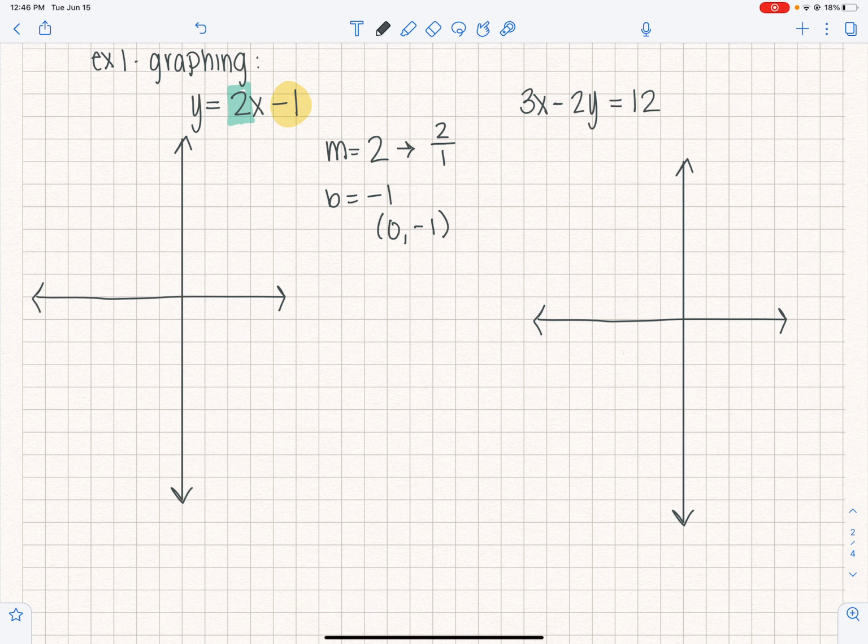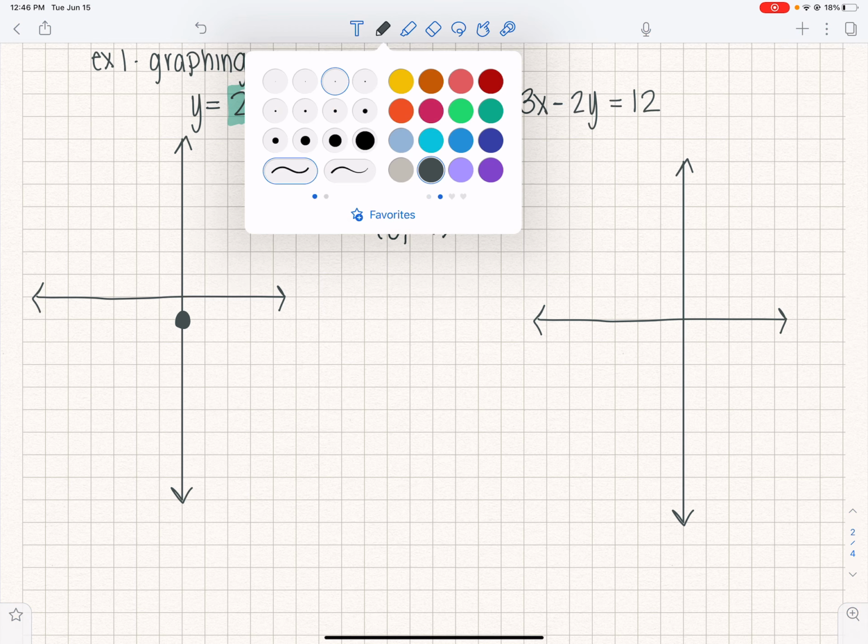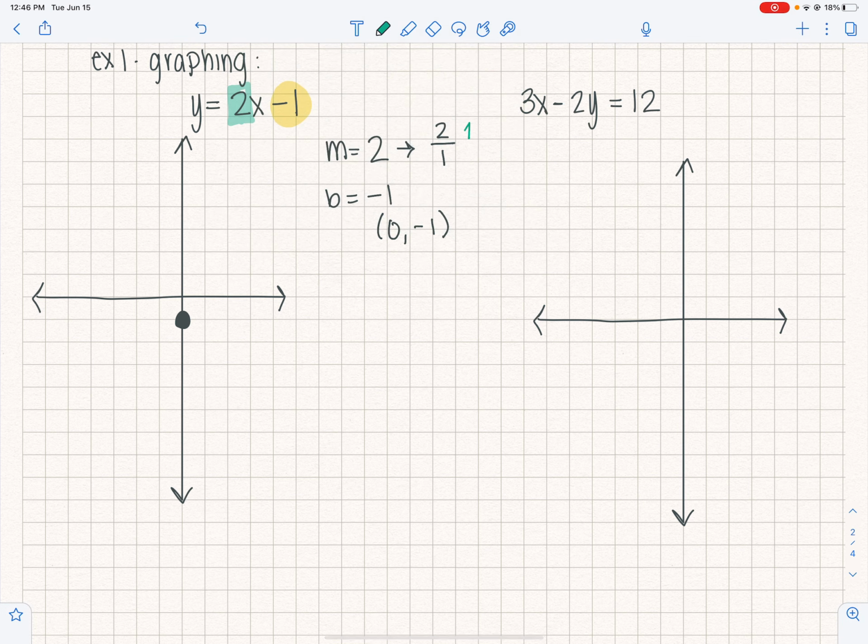So I'm going to go down to negative 1. That's going to be my point b. From that, I'm going to do the slope, which says I'm going to rise 2 and run to the right 1. So I'm going to rise 2 and run 1, put a dot.